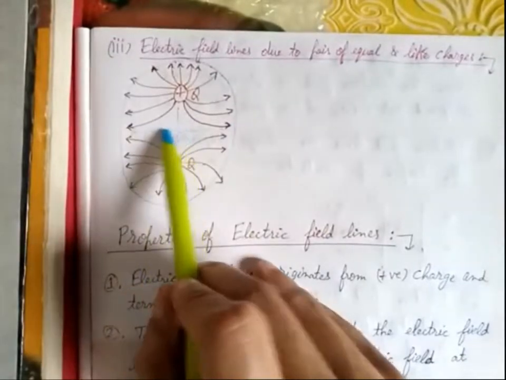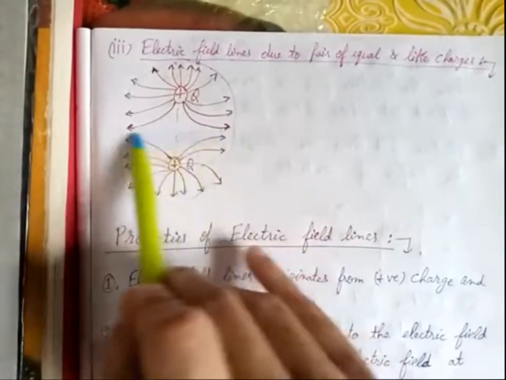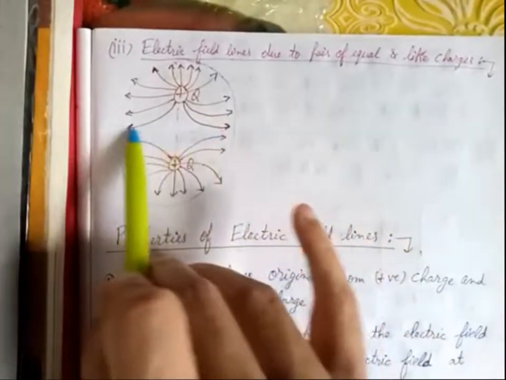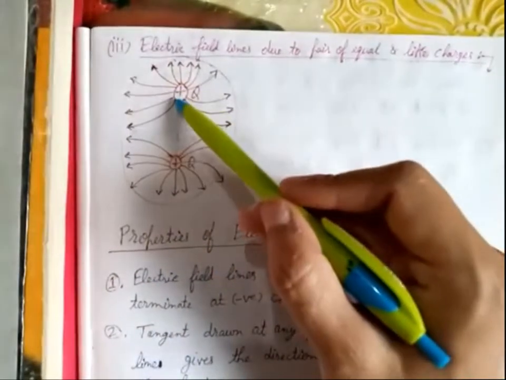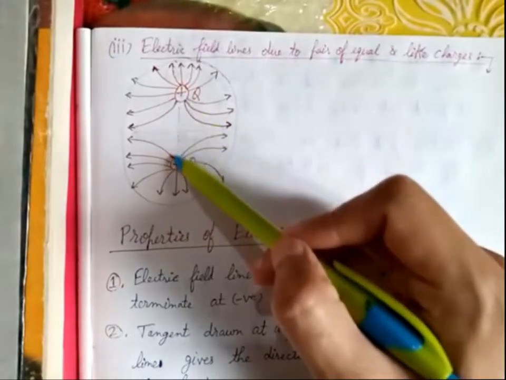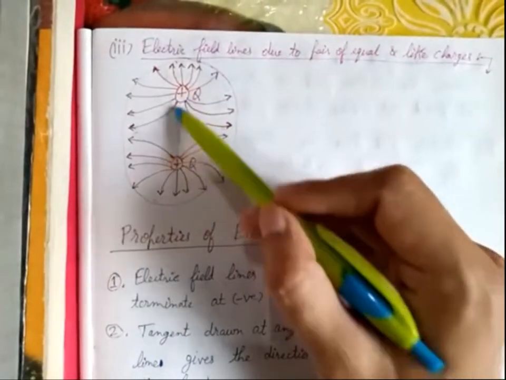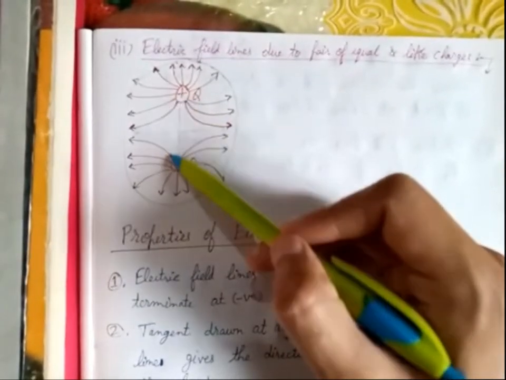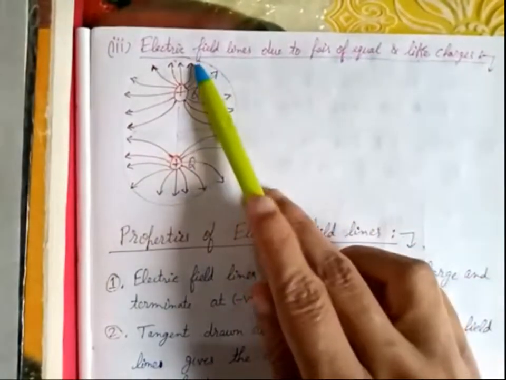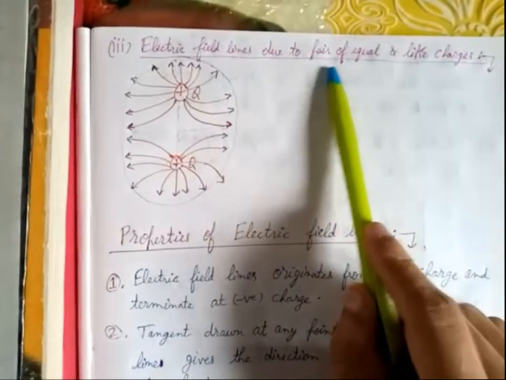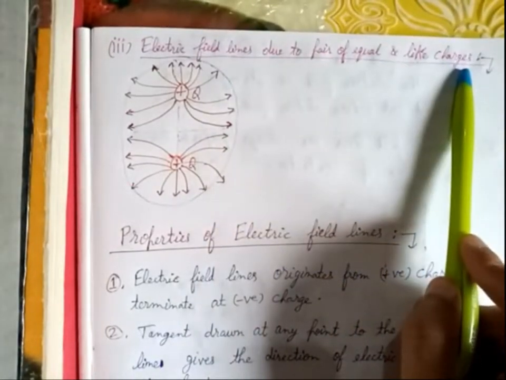It means this horizontal line does not contain any electric field lines. In the same way, this vertical line joining these two point charges also does not contain any field lines. So this is the drawing for the electric field lines for two equal and like charges.